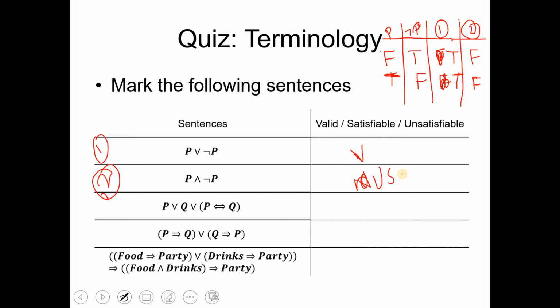Okay. What about 3, 4 and 5? Let's see. We don't have enough space over here. So P or Q, or P implies Q. Let me try it.